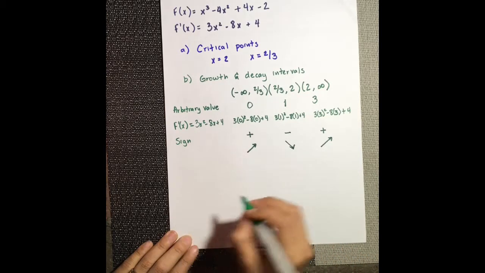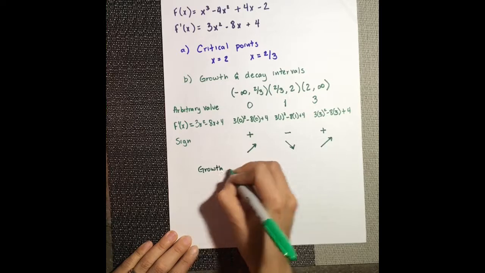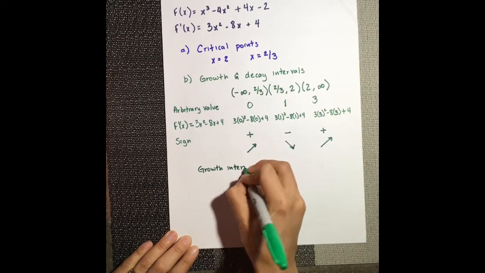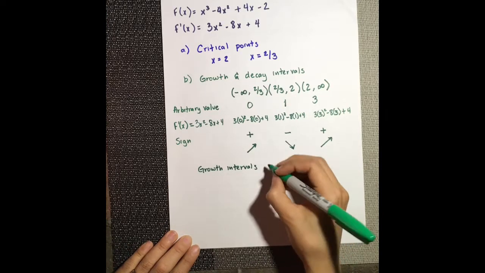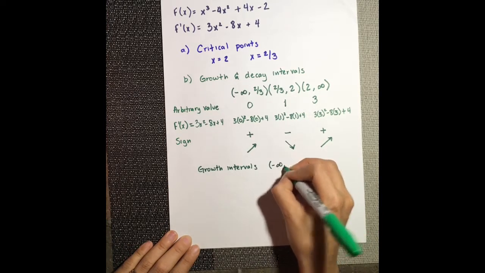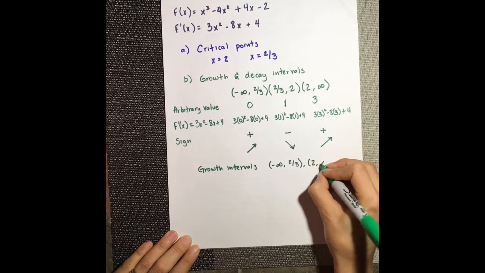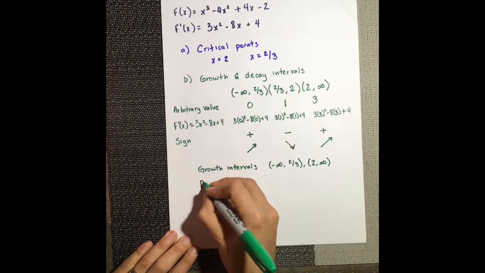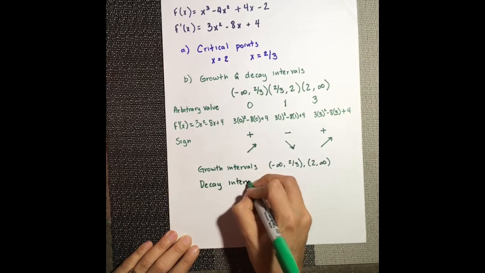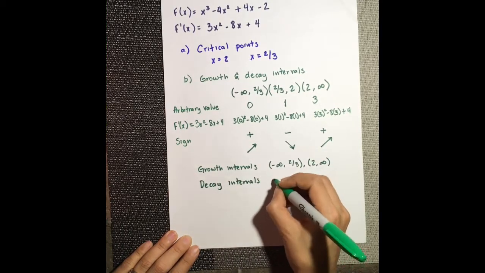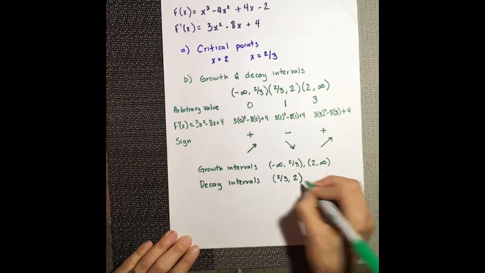So in the very end, what we're going to get over here is growth intervals, wherever we have a growth pattern, so from minus infinity to 2/3, and then from 2 to infinity, and also decay intervals, for which we only have one, from 2/3 to 2.